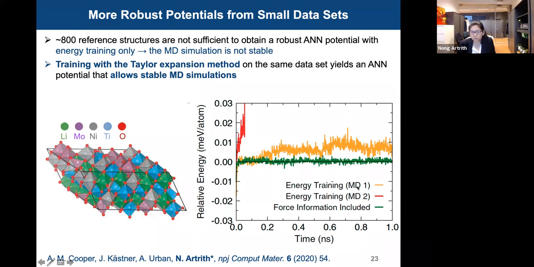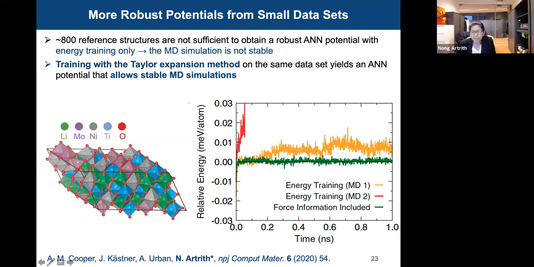and we take each neural network fitting and then run MD simulation. You can see MD1 in yellow. We tried even a long MD simulation at 1 nanosecond. It's not really equilibrated and it fluctuates very much. And the second one, this is only energy training with the 800 DFT structures. It has already exploded very early.